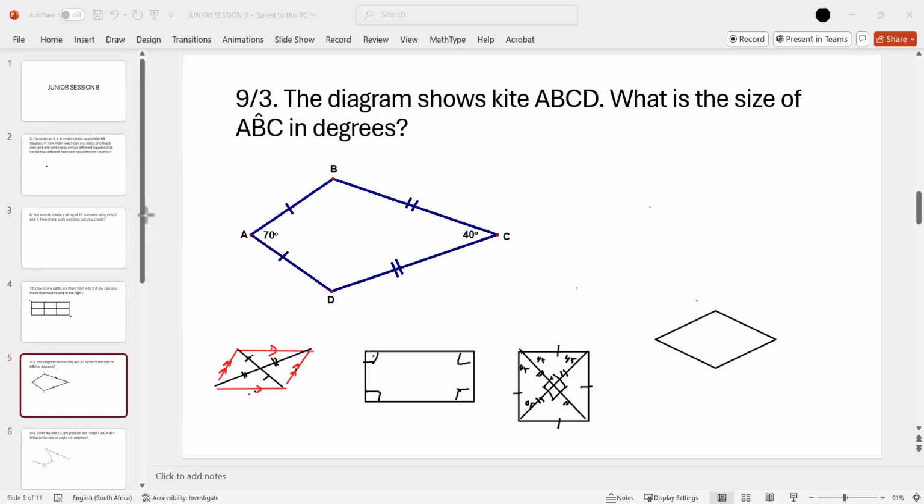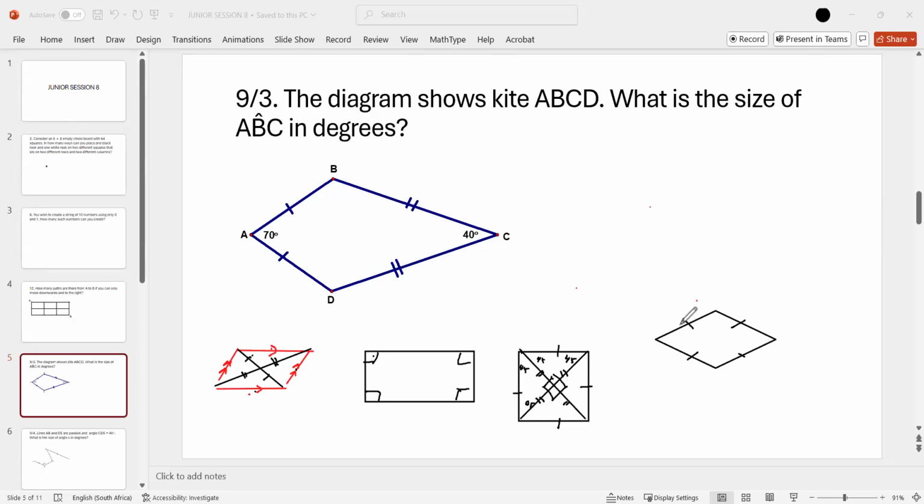I mean, it's tilted here, but with all the sides equal. And that's another very interesting figure. A parallelogram with all the sides equal is called a rhombus. So a rhombus is a parallelogram with all the sides equal. It's a special parallelogram. The opposite sides are parallel, and all the sides are equal.